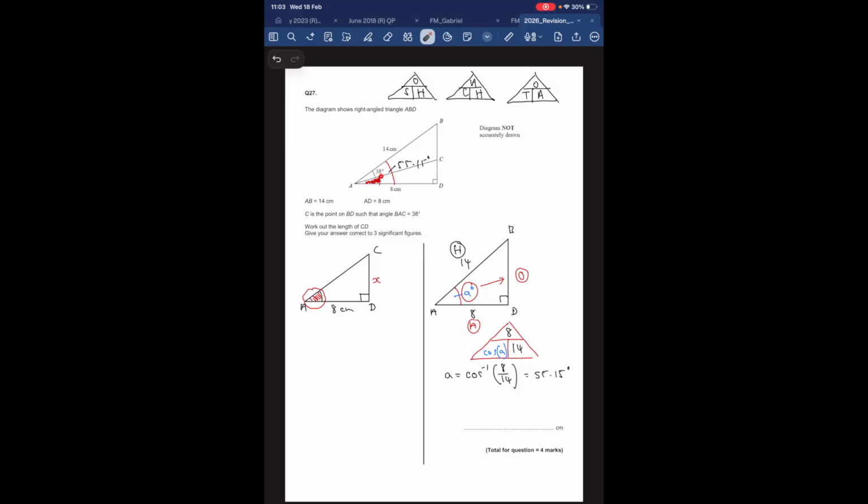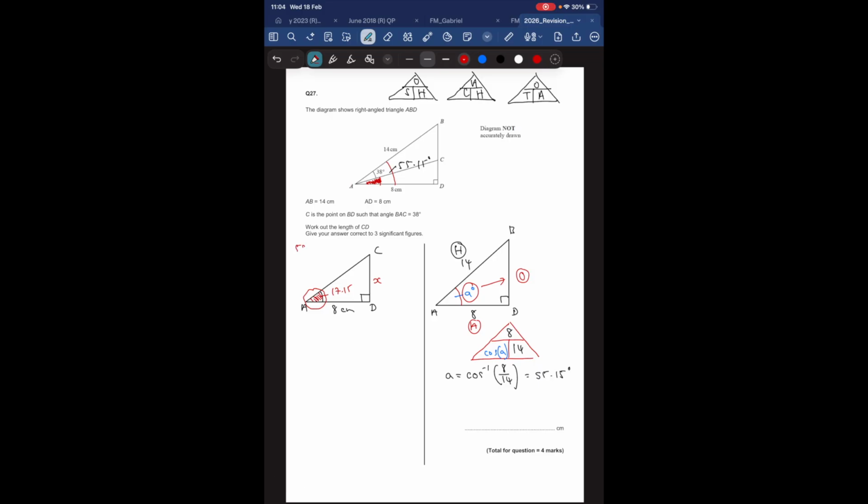I need to take away 38 degrees from this 55.15 degrees. If I work that out, I'm going to be left with 17.15 degrees. So this little angle here is going to be 17.15. How did I get it? I just did 55.15, take away 38, gives me 17.15 degrees, which is basically this angle here.